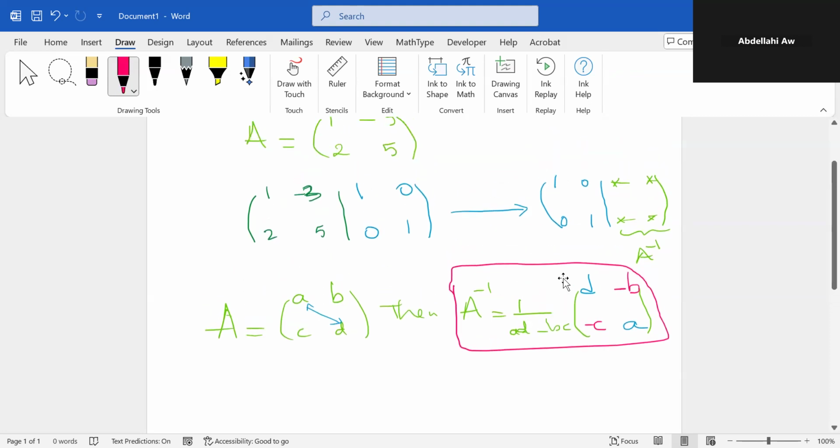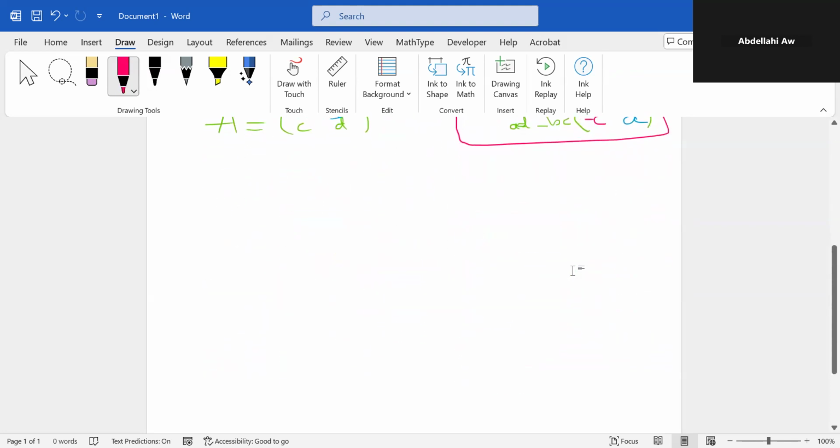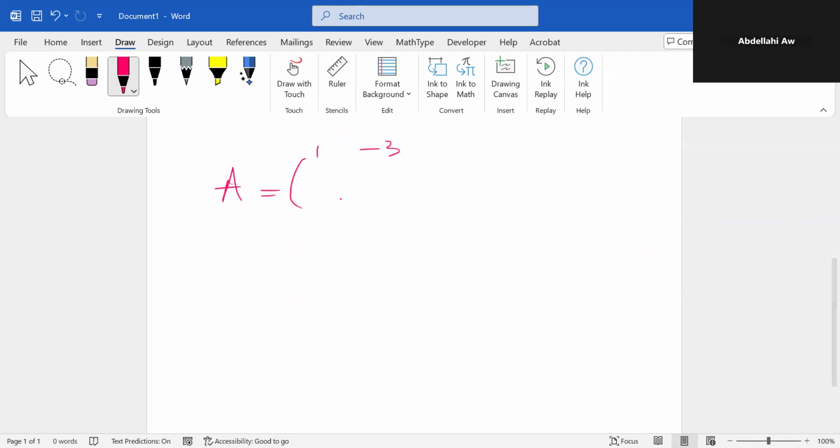Gauss method. Okay, so now if we come back to our example, A is 1, -3, 2, 5.